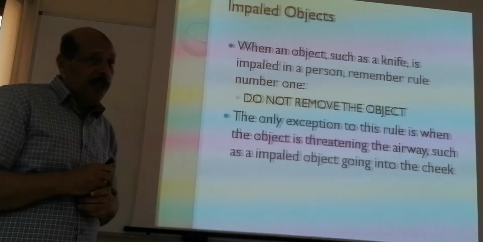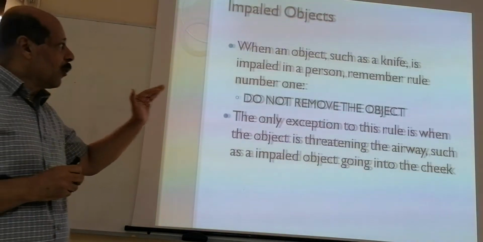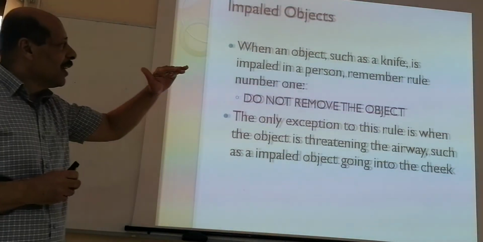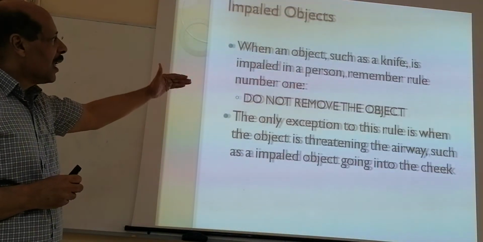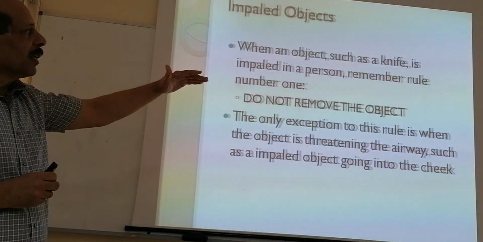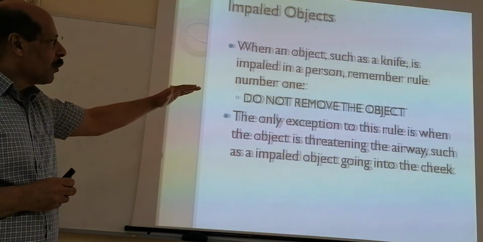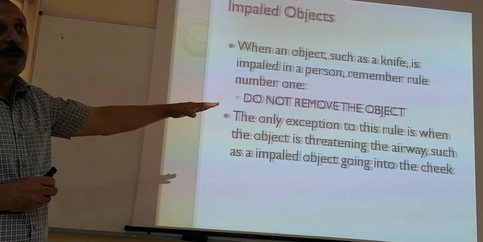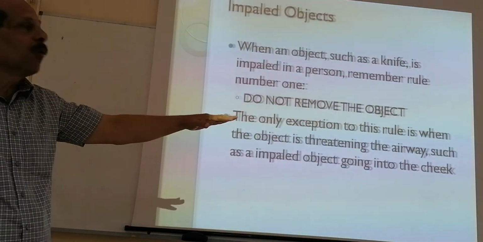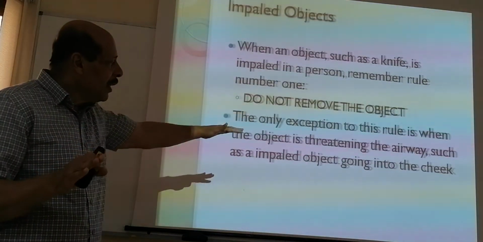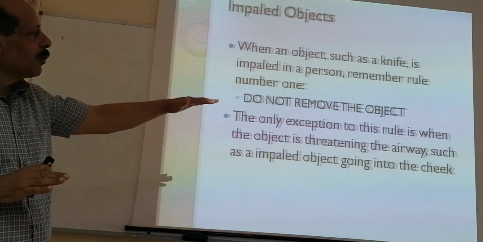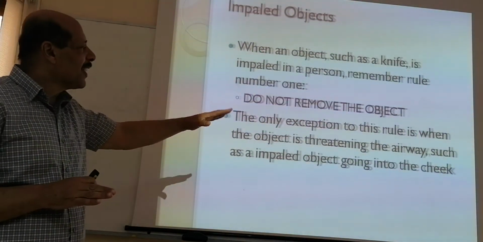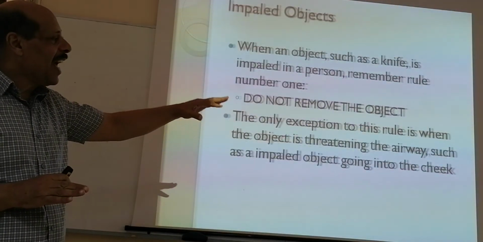The embedded object: as we said before, when an object such as a knife is embedded in a person, remember rule number 1: don't remove the object. The object should not be removed at all. The only exception to this rule is when the object is threatening the airway.